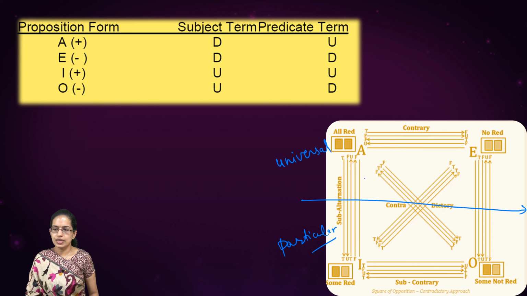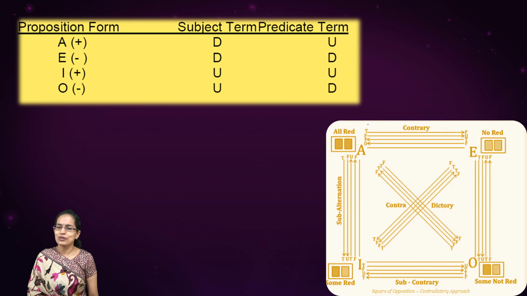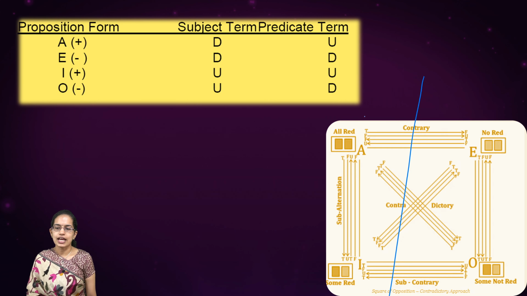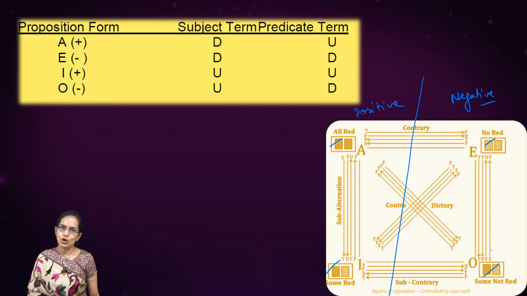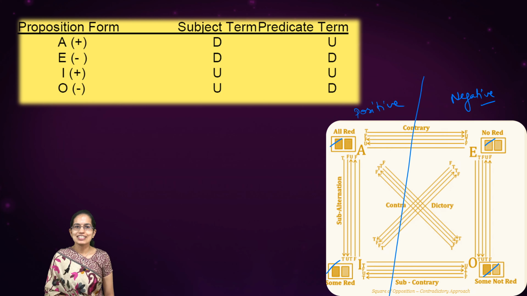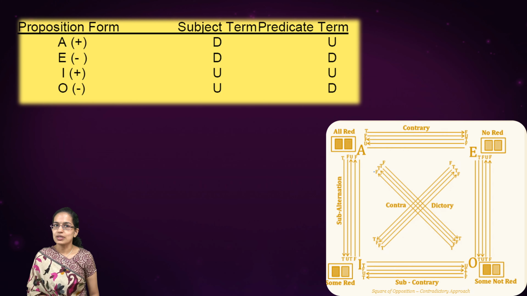The top side would have all and no, and the bottom you would have some and some not. Now I cut it vertically. On the left side I have the positive ones, and on the right side I have the negative terms. This is all and some, and this is no and some not. So all and some become the positive, no and some not become the negative.